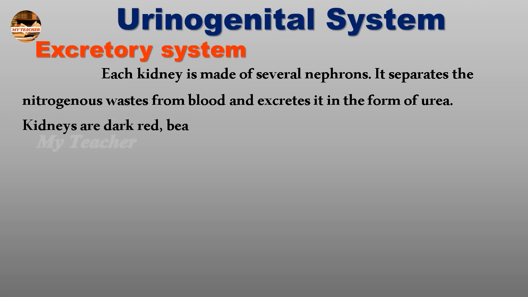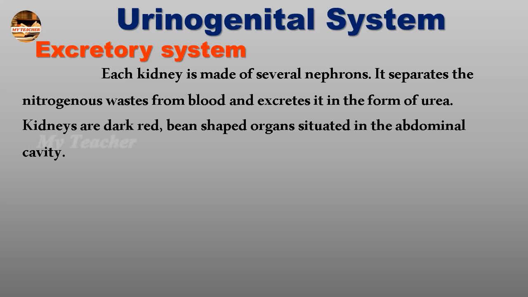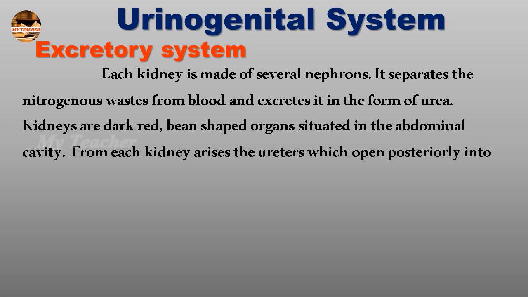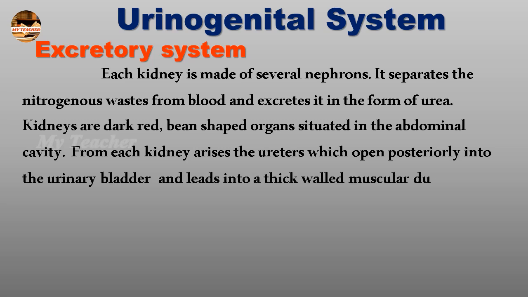Kidneys are dark red in color. They are bean-shaped organs situated in the abdominal cavity. From each kidney arises the ureter, which opens posteriorly into the urinary bladder and leads into a thick-walled muscular duct called urethra.